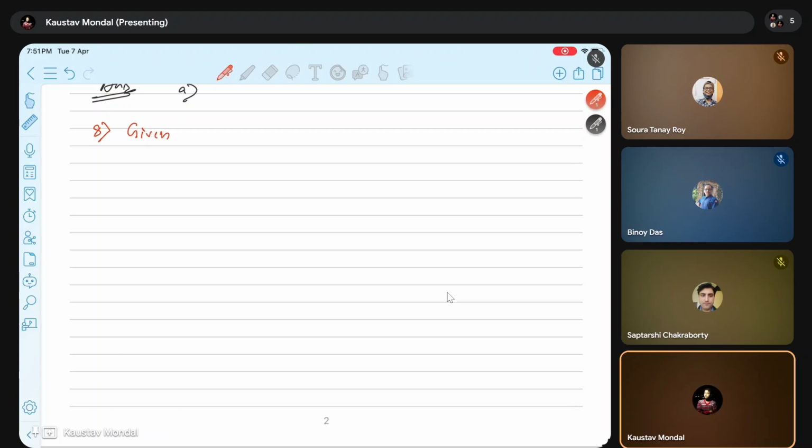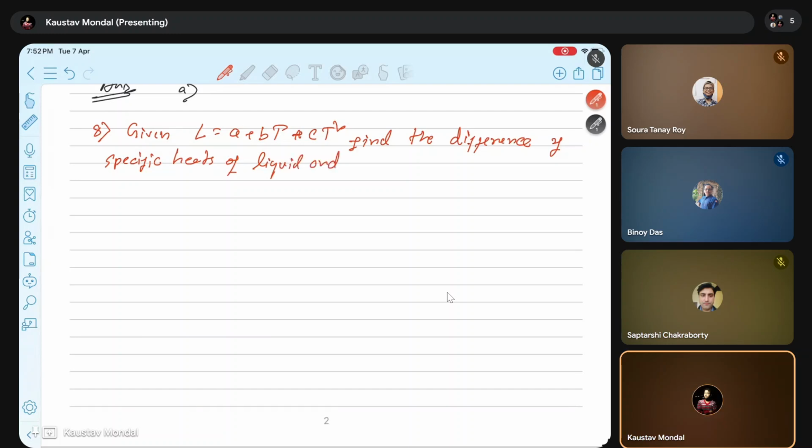When L equal to A plus BT plus CT square, find the difference of specific heats of liquid and saturated vapor.